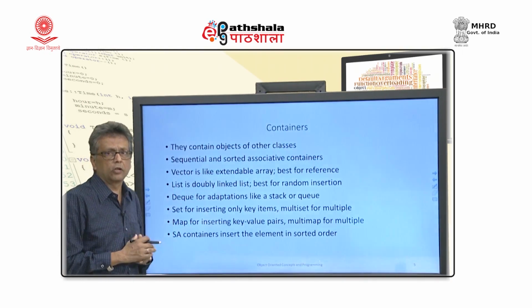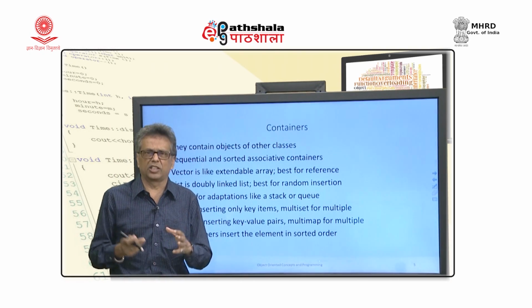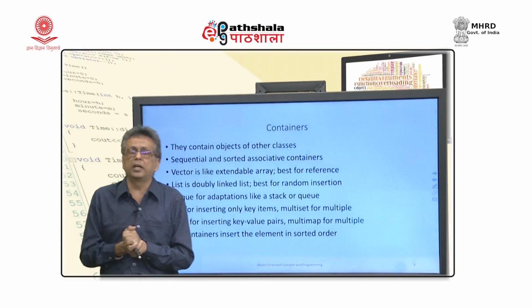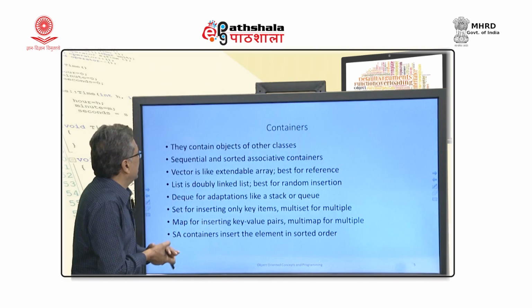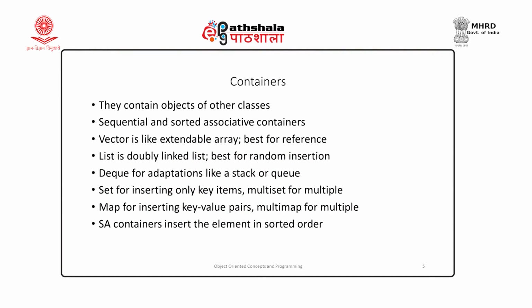So, let us first of all talk about containers, the class templates, specific class templates used by STL. They contain objects of other classes. They themselves contain other objects. There are two different types of containers. One is called a sequential container. The sequential container is the one where the objects are stored in sequential order, whatever you insert at the end or in the beginning.